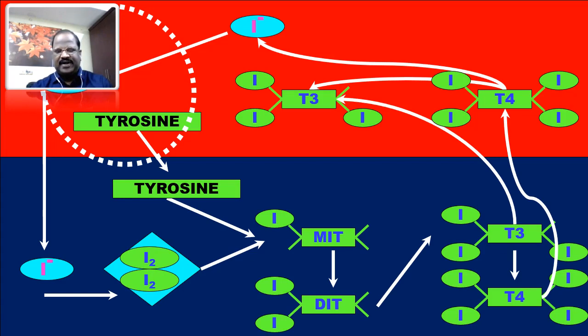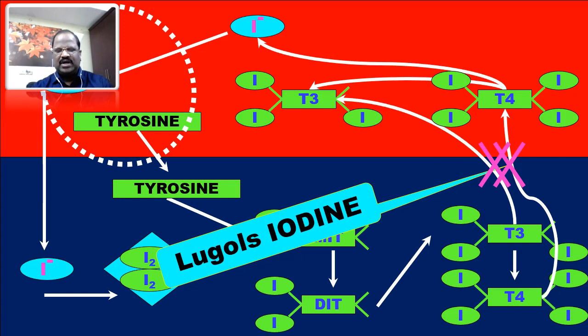The next important antithyroid drug we are going to study is Lugol's iodine. Lugol's iodine is actually a combination of 5% iodine and 10% potassium iodide. What is the mechanism of action of Lugol's iodine?